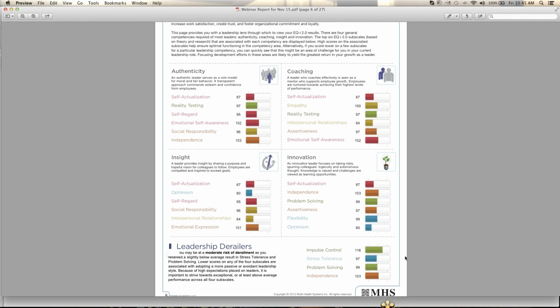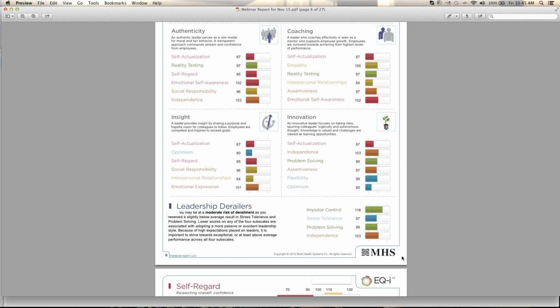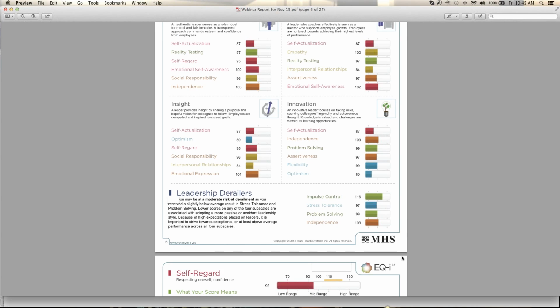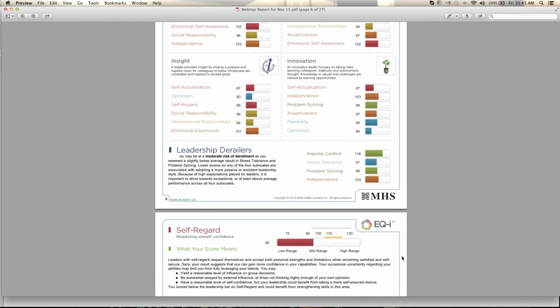So those are some of the ways in which we can begin to talk about and move into talking about scores with this individual. At the bottom of the page, you can see the leadership derailers and the fact that impulse control is a potential derailer. However, at 116, it's not considered to be a potential for derailment in this particular case.